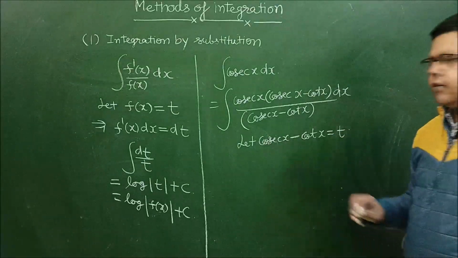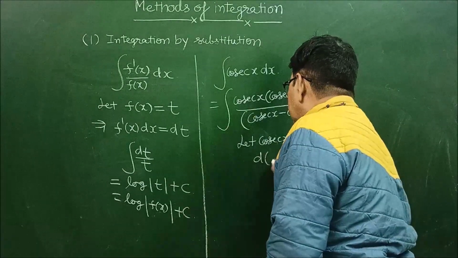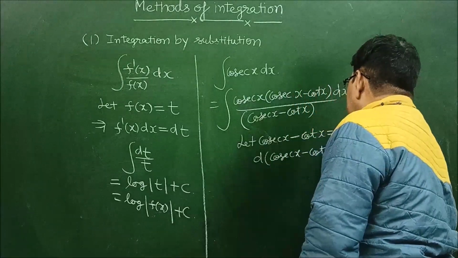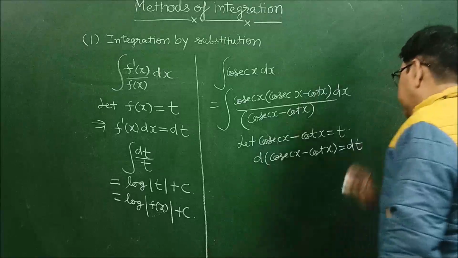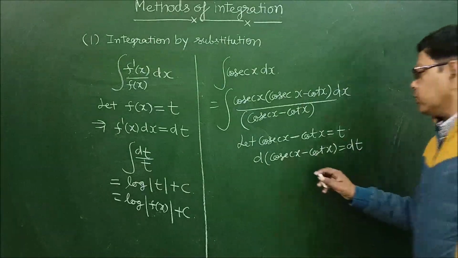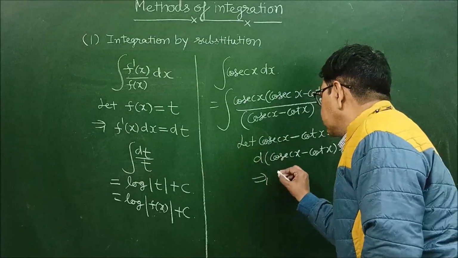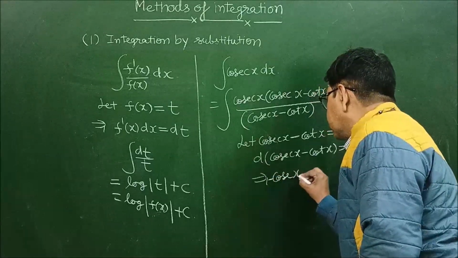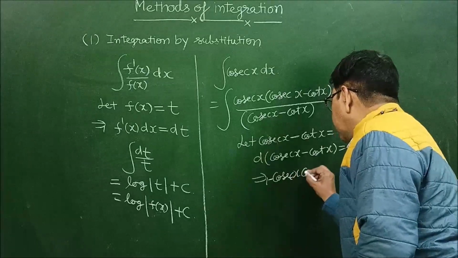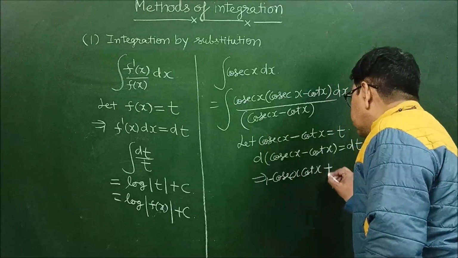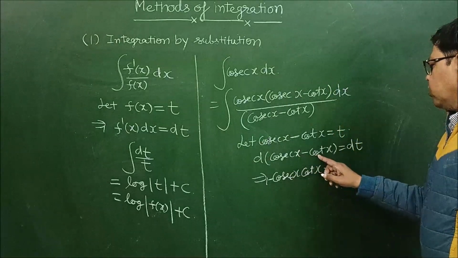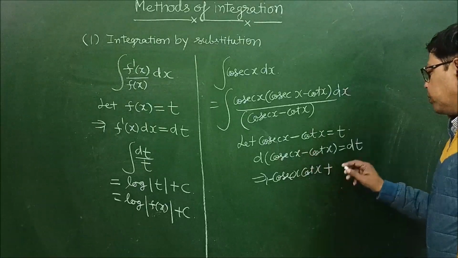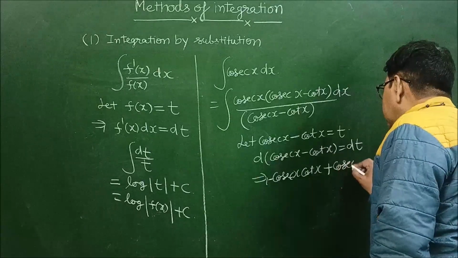Differentiating both sides with respect to x, the differentiation of cosec x minus cot x is minus cosec x cot x, and plus, since the differentiation of cot x is minus cosec square x and the negative sign is there, plus cosec square x.